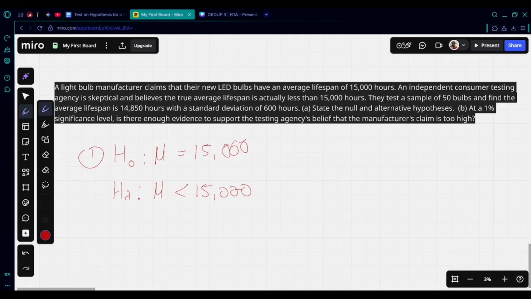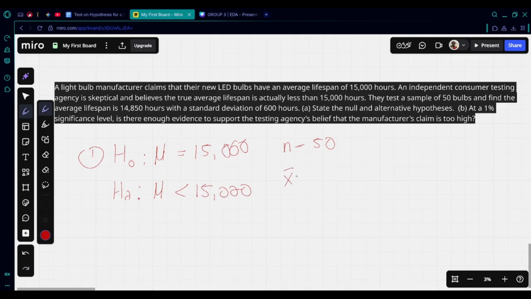Next, sabi sa problem, they test the sample of 50 bulbs. So our n here is 50, and they found out that the average lifespan is 14,850 hours.